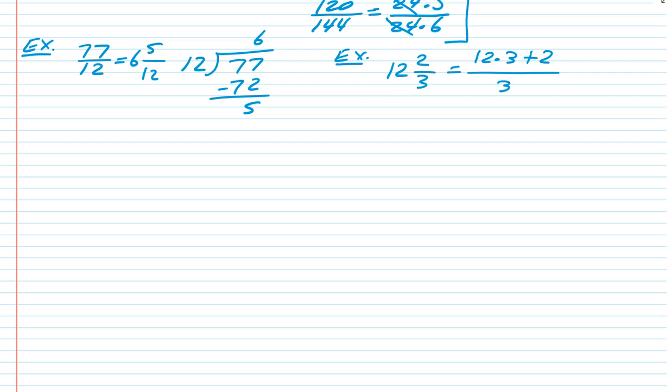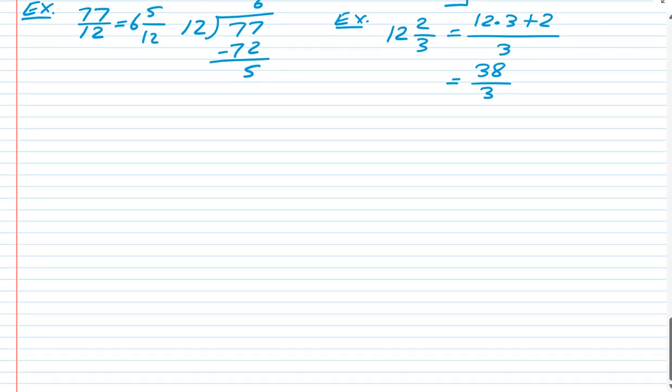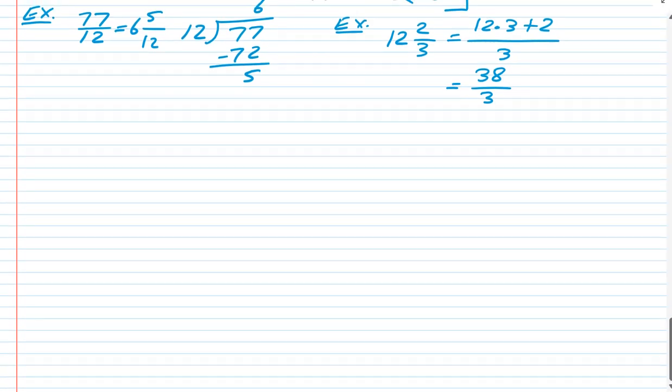And there we have that one. So that's going to be 36 and 2, that's 38/3. That's going to be the improper. Notice the numerator exceeds the denominator. So sometimes we care about improper fractions, other times they want us to write it as mixed numbers. So we can go back and forth between the two of them.